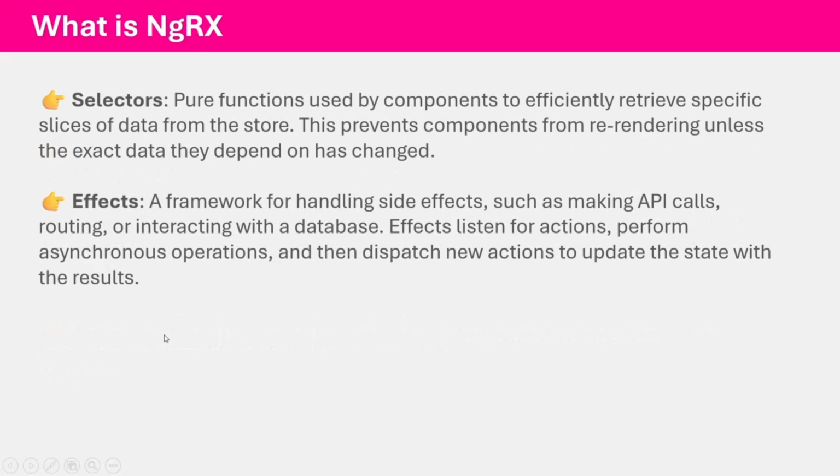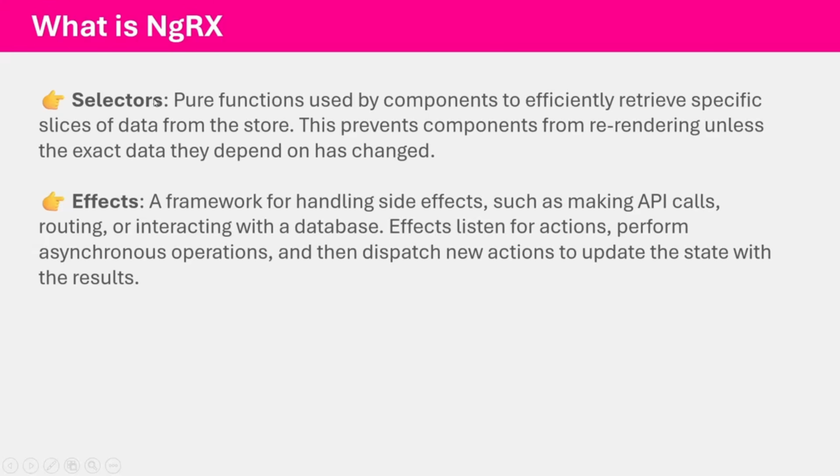Apart from these three, we also have selectors. Selectors are pure functions used by components to efficiently retrieve a specific slice of data from the store. As I mentioned, the store keeps all the states. Let's say we have a user state, a product state, and an order state, but one component is only interested in the product state.